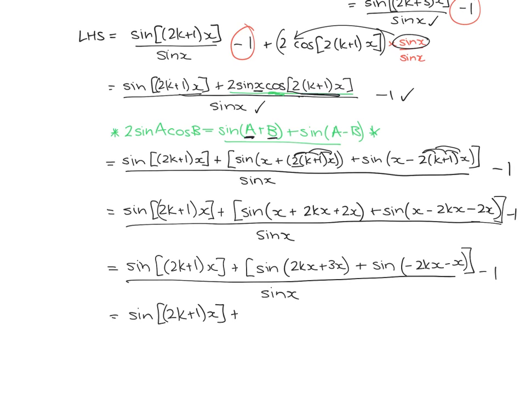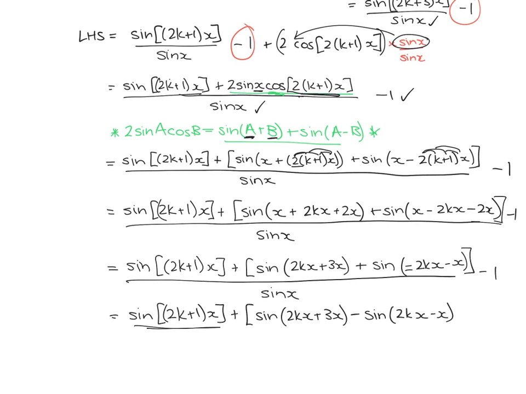Okay, so let's pull out. We'll keep this as sine (2kx plus 3x) in this case, but let's pull this negative out. So if we pull this negative out, we've got negative sine, and we're left with 2kx minus x. But I also want to pull out that x just within these brackets, so then it can look like this one here, and then they will hopefully cancel.